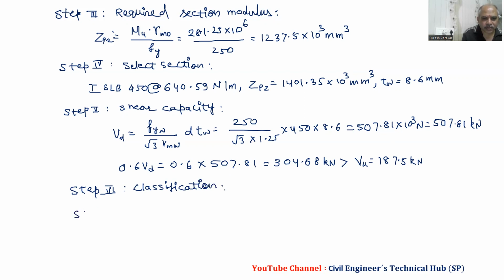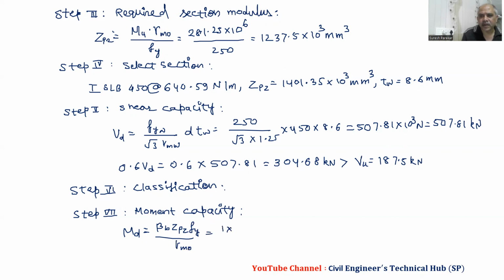And then we have the last step, step 7, moment of resistance or moment capacity. We have Md equal to beta b Zp fy upon gamma m0. This is 1 into 1401.35 into 10 raised to 3 into 250 divided by 1.1.